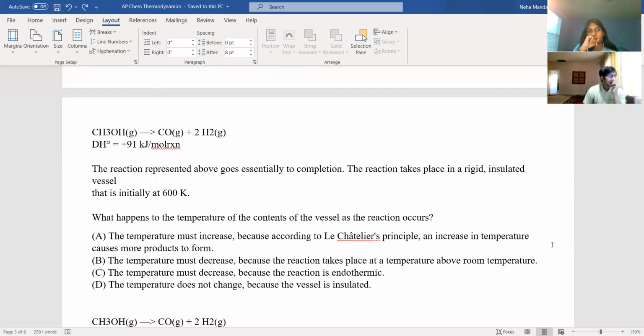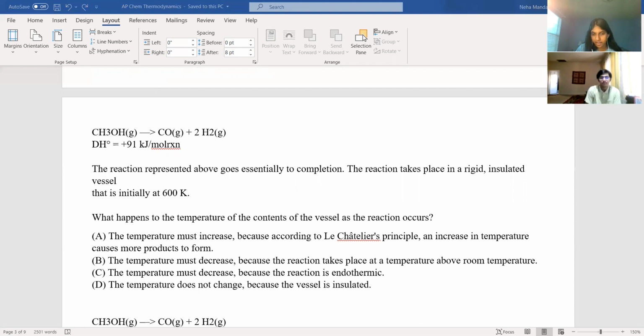It basically says if there's some sort of change, the system will try to counteract that change. So if it's an equilibrium and I suddenly add more products, it's gonna go in the reverse direction to go back to equilibrium.